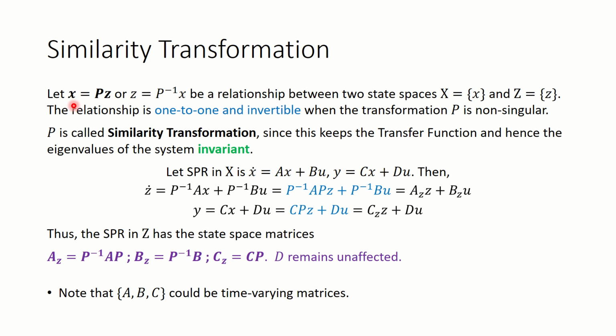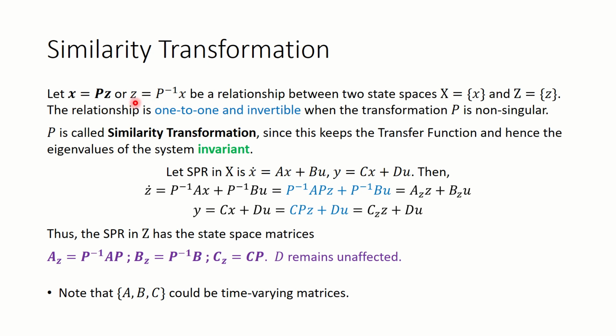One-to-one means, if you transform, x1 is related to all the z's in some manner, x2 is related to all the z's in some manner. Similarly, z1 is related to all the x's in some manner, z2 is related to all the x's in some manner, and this relationship is unique. So there are no two z which are related in the same way.